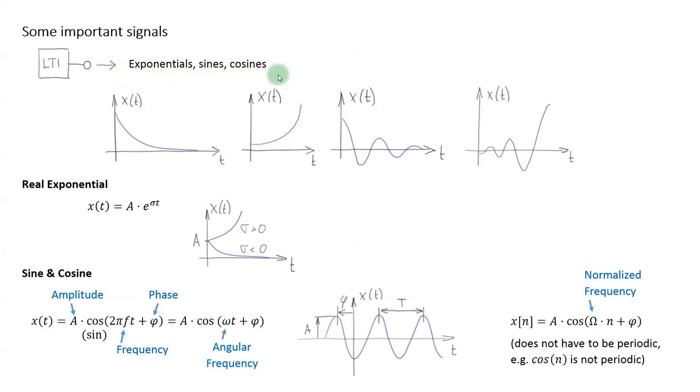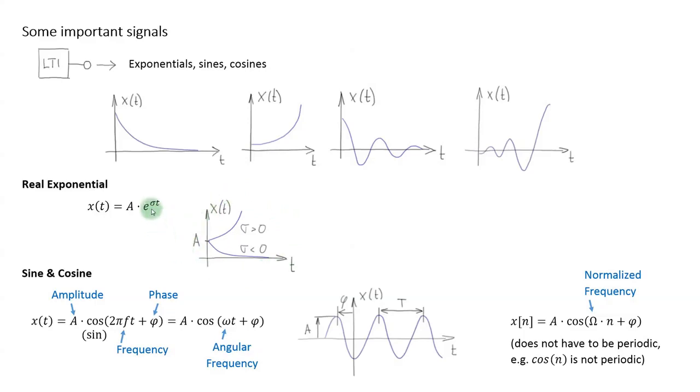Now, to make sure that you will be able to describe the behavior of those LTI systems, at the risk of being boring, on the following slides I will go through those exponentials, sines and cosines. So first, the real exponential. Mathematically, we can write the real exponential like this, and its graph looks like this.